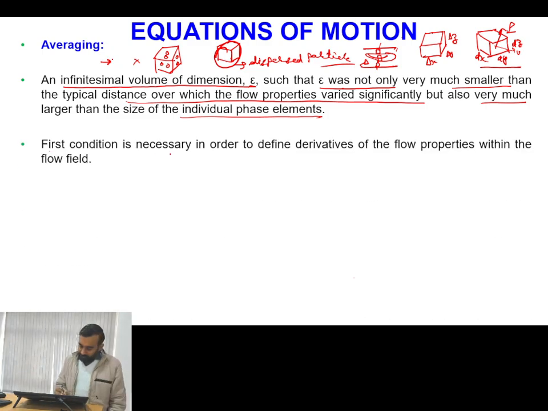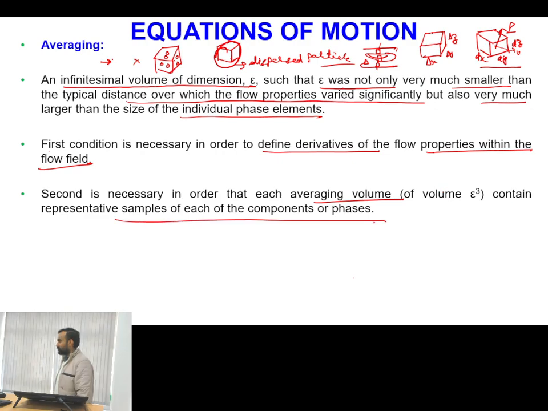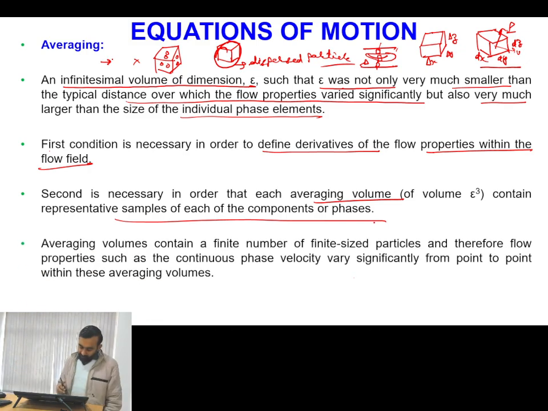Now, the necessary condition is to define derivative flow properties within the flow field. Second is that averaging should contain a good representative sample of each component. I already discussed these two points. And averaging volumes typically contain a finite number of finite sized particles.